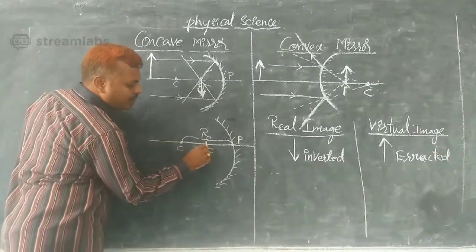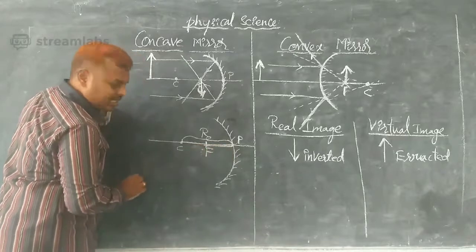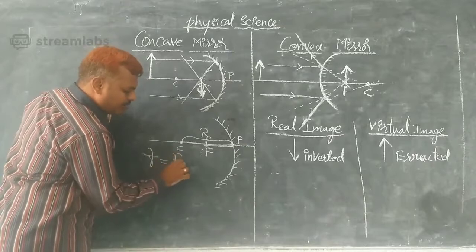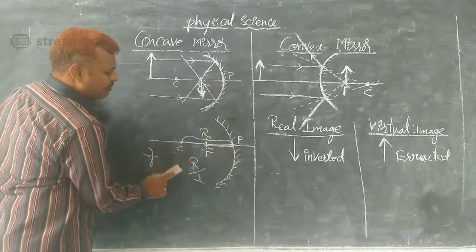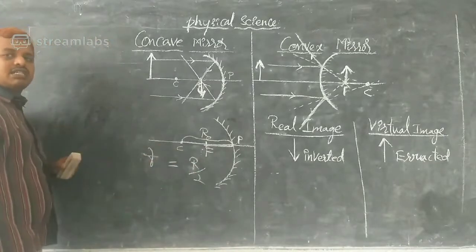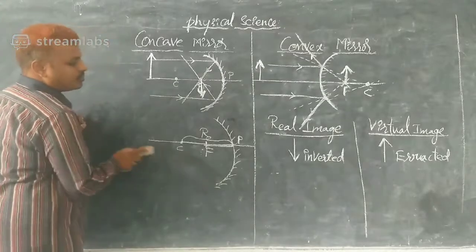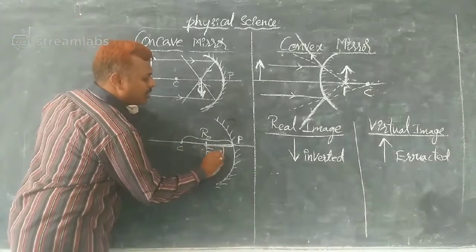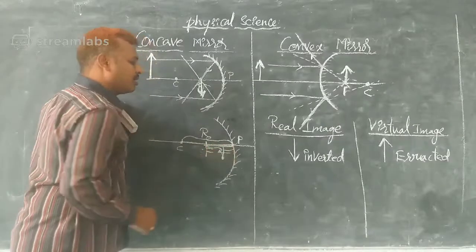So from the pole to focus, this is called focal length. Focal length is small f. Small f is equal to capital F is equal to R by 2. Focal length is always half of the radius.